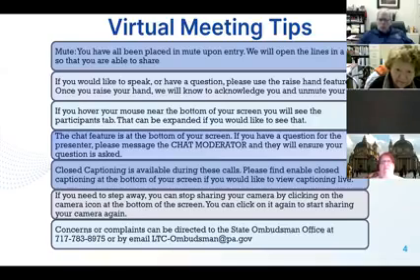Please find Enable Closed Captioning at the bottom of your screen if you would like to view captioning live. If you need to step away, you can stop sharing your camera by clicking on the camera icon at the bottom of the screen. You can click on it again to start sharing your camera again.